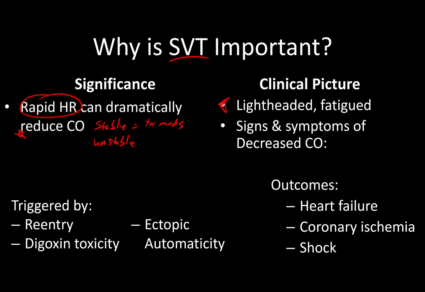Nothing terribly emergent. However, if they're unstable, and so those are the signs and symptoms of decreased cardiac output, so chest pain, maybe they're short of breath, sweating, hypoxia, hypotension. If they have any of those types of things going on, we're actually going to follow ACLS and do what they would do for narrow complex tachycardias with symptoms.